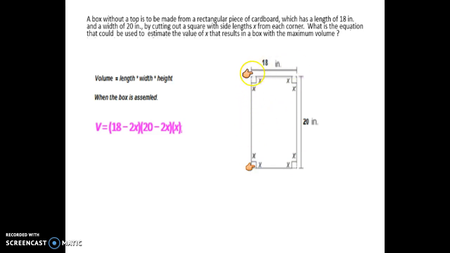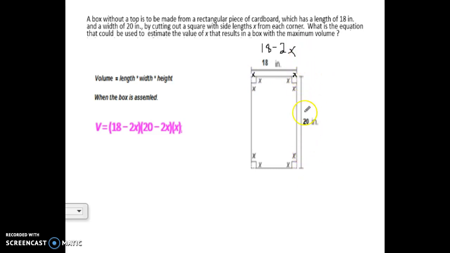So when they fold up the box, we need to find our new length, width, and height. All right, if this is 18 and we cut out 2 corners, we're calling those distance here x. So we are cutting out 2 x's. So 18 minus 2x, because this is x and this is x.